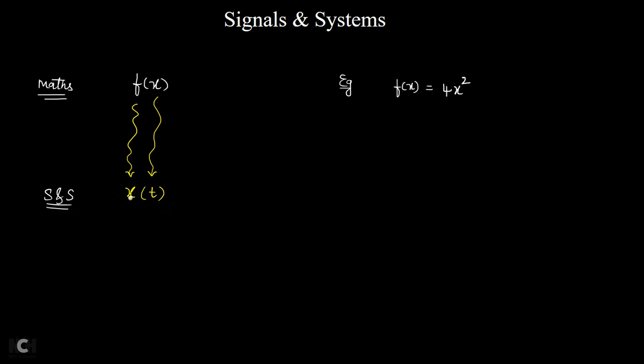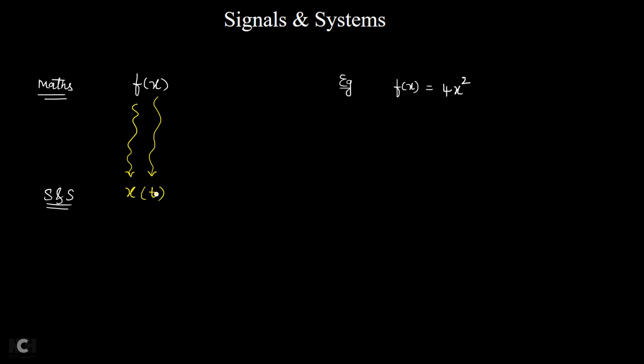So x is a function here, because instead of f in mathematics we have written x in our course. So x is a function which depends on the variable t. So t is a variable here which does not depend on anything else.